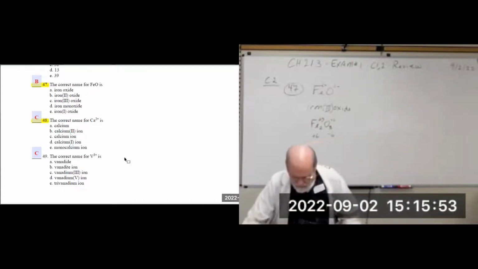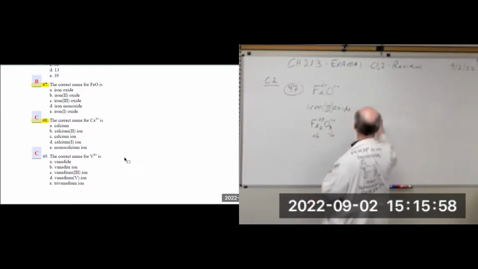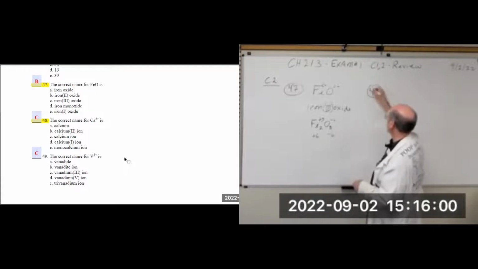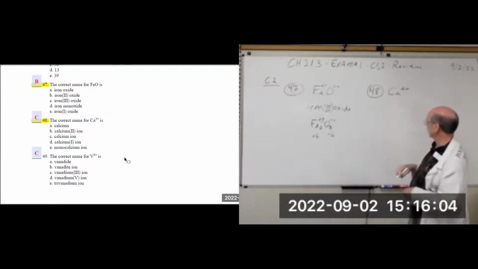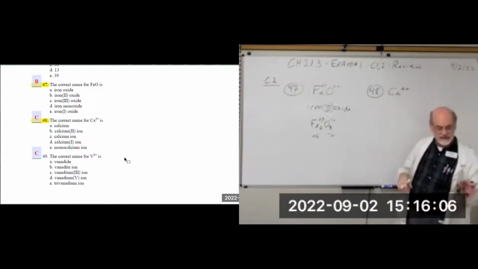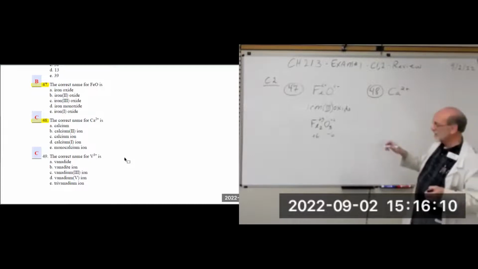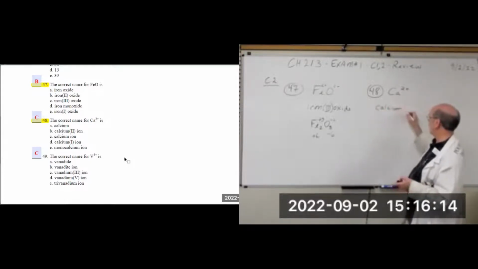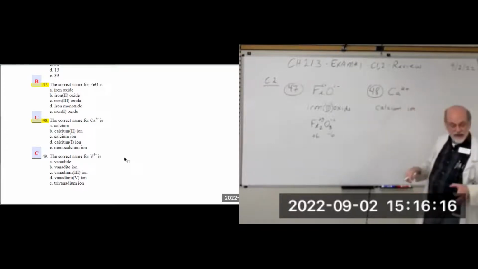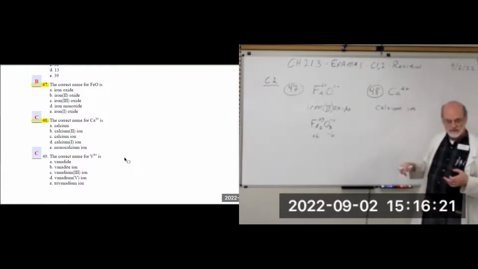All righty. 48, correct name of Ca2 plus. What's the correct name of this one? Well, we can't just say the element name, right? Because it's an ion. But we can say this is an ion. But do we need to say anything about the charge?